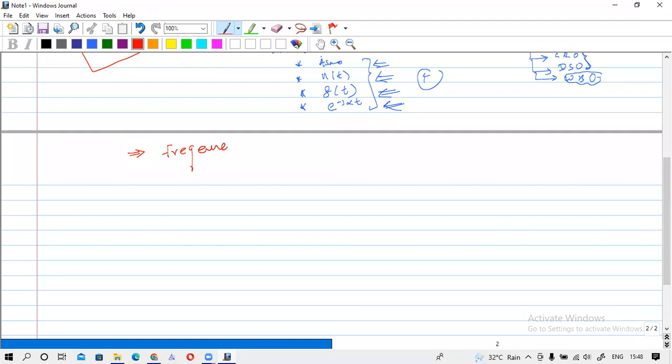That means we are going to start our studies on frequency domain signal. Mainly this frequency domain signal analysis, we are going to do with the Fourier analysis.